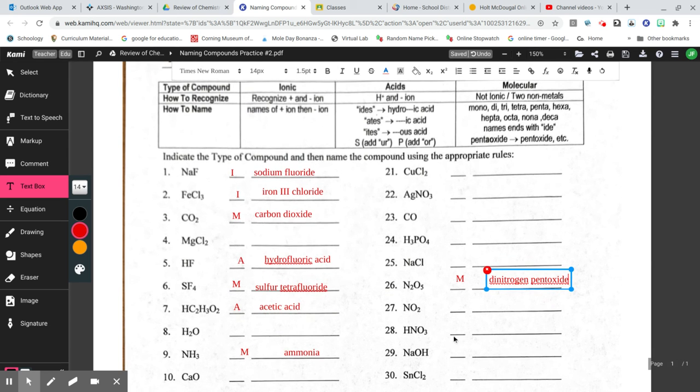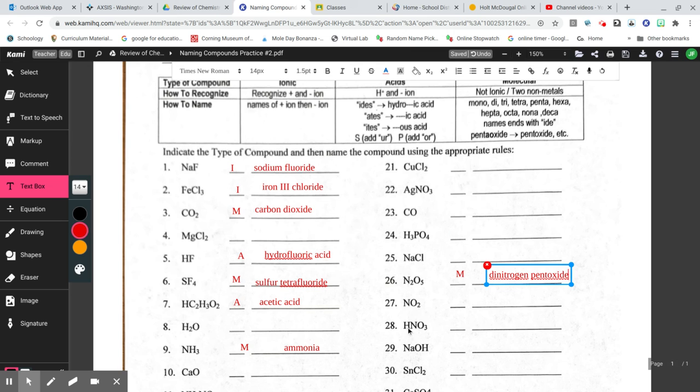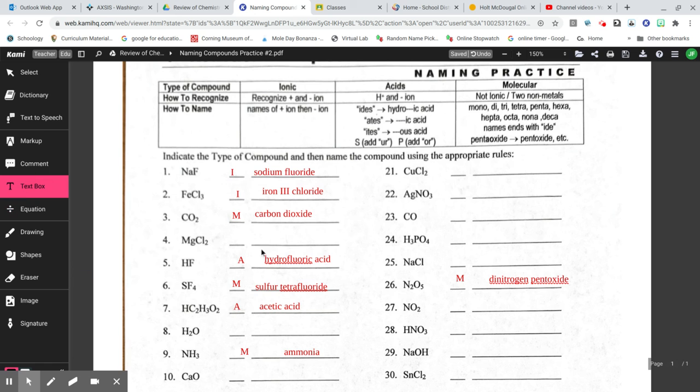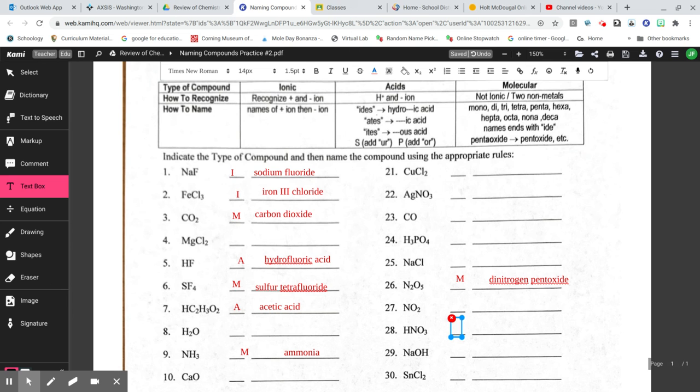I want to take a look at one more. We have HNO3. This is a sign that we're working with an acid because of the hydrogen ion. So we're going to put an A in our first box here for acid. And we've got to look at the NO3.